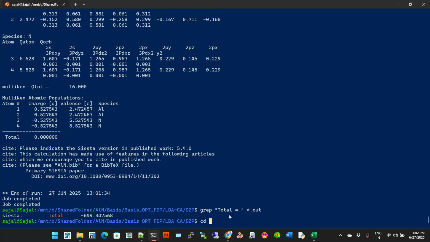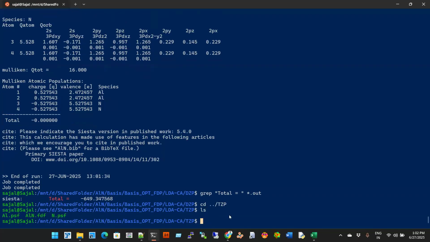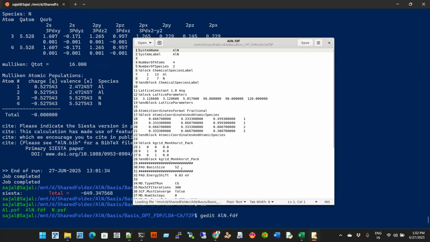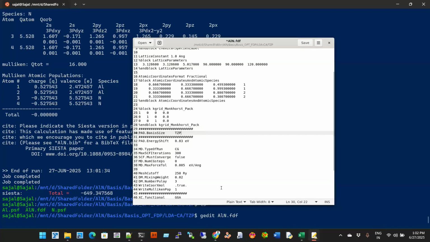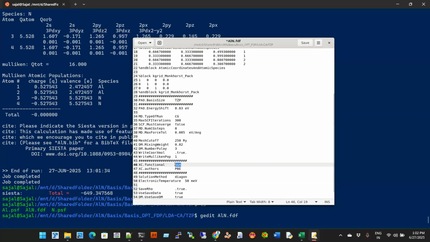Now let's go to the TZP folder. cd TZP. gedit TZP, LDA CA.